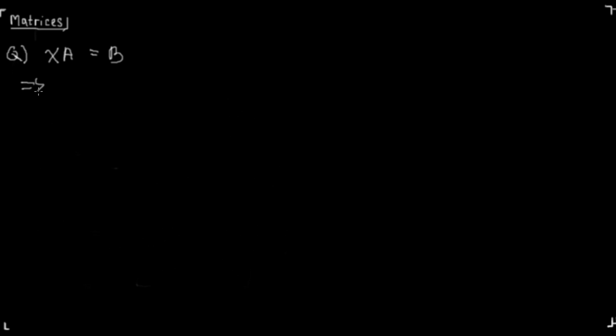So what we do is multiply by the inverse, and A times A inverse equals I, the identity matrix, which is basically just 1 when working with matrices. So X times A times A negative 1 equals B times A negative 1.